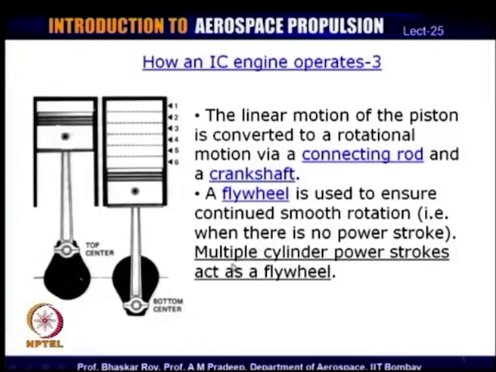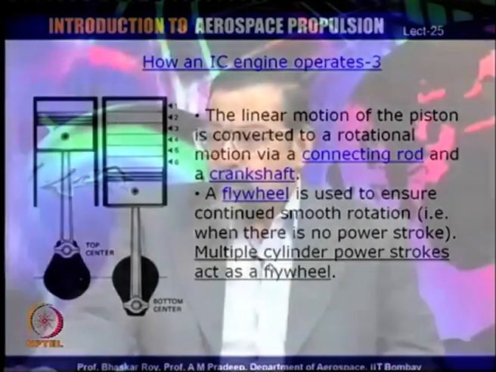Now, when you have multiple cylinders, as we have seen, many of the aircraft engines actually have more than one cylinder, quite often up to 10, 12 or even 16, 18 cylinders. And what happens is the supply of power to the central crankshaft. Every engine has only one single crankshaft, and all the cylinders supply power to that crankshaft.